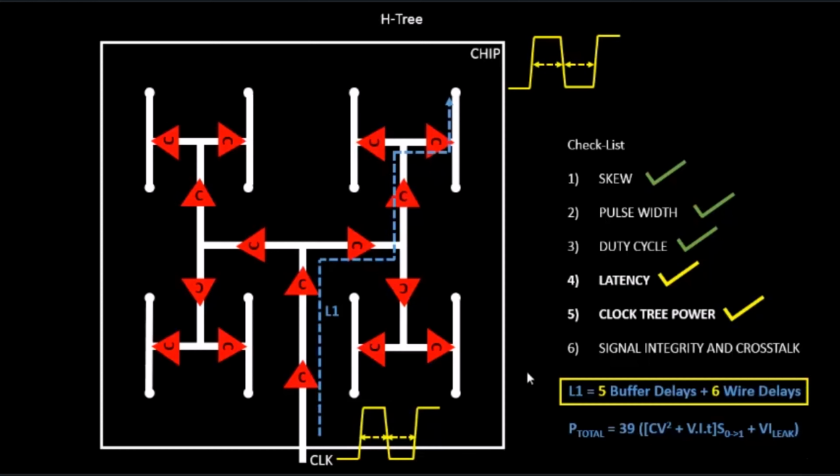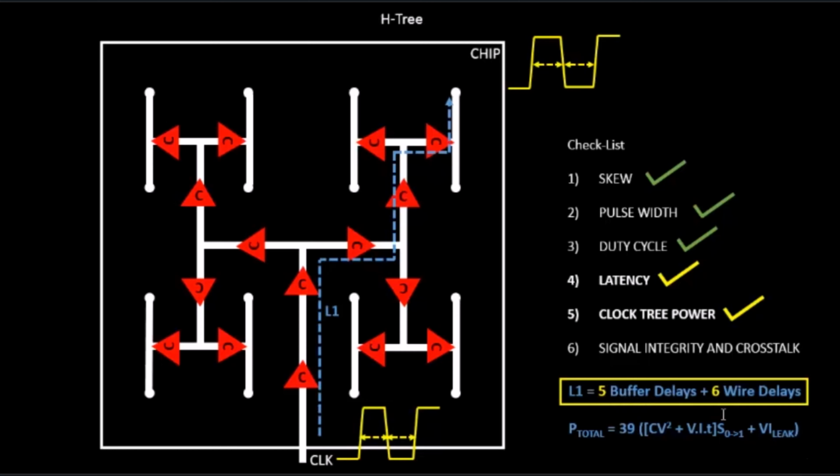In this case, each buffer will see a different input transition and a different output load, and it's a bigger load that each buffer is seeing. So the delays will be high over here, but the advantage is that the number of buffers we're using is less compared to the previous one. That kind of balances the buffer delays between this clock tree and the previous one.